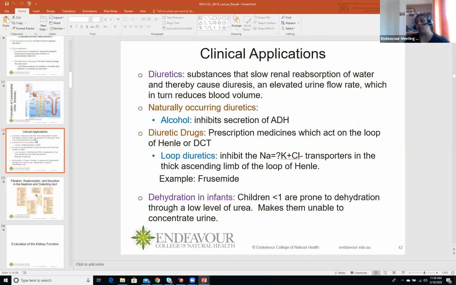Alcohol is a natural diuretic. It inhibits secretion of antidiuretic hormone. It affects the hypothalamus and reduces the secretion of antidiuretic hormone. So with no antidiuretic hormone, more diluted urine is formed. That is basically where the clinical application comes in.